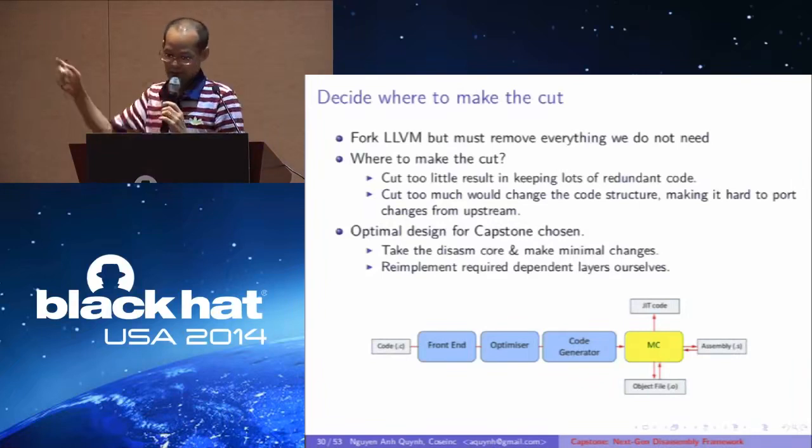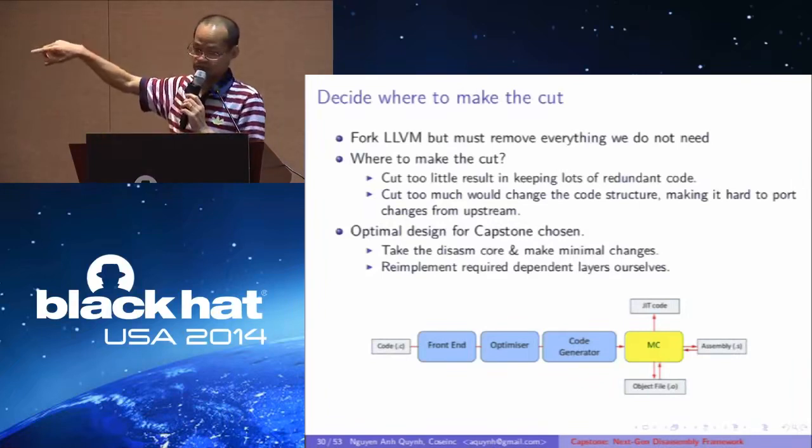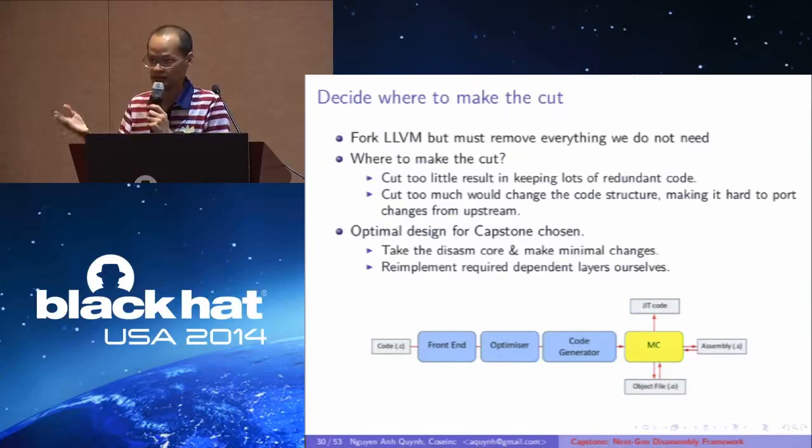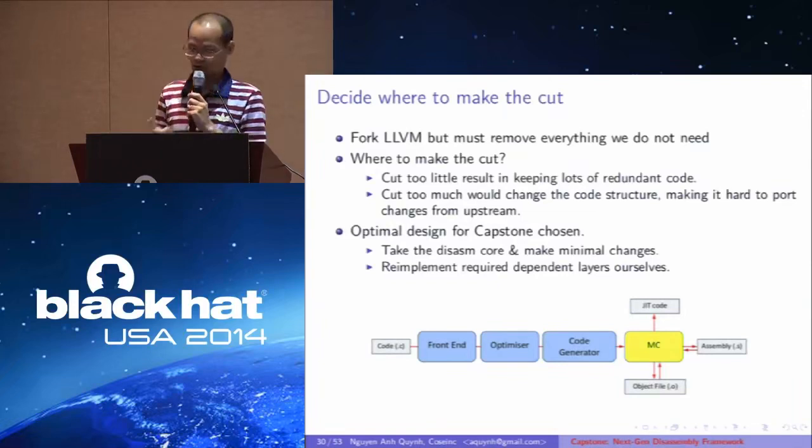So I decided to make a cut inside the yellow box. The question is that if you cut too little, you get a lot of redundant code which you don't really need, because there is a lot of code for the compiler, for the code generator, for the assembler, for many other things we don't need for this disassembler. So cutting too little is not good.